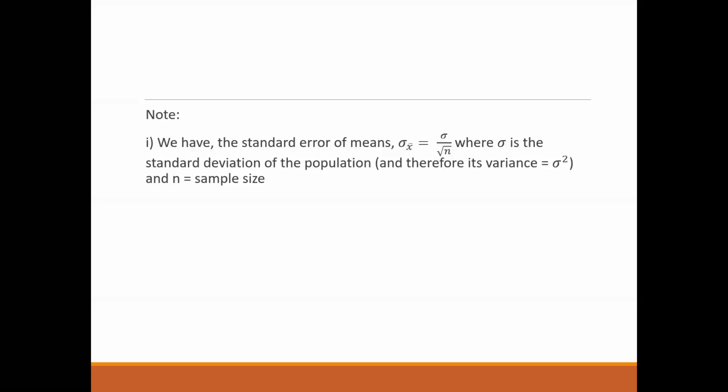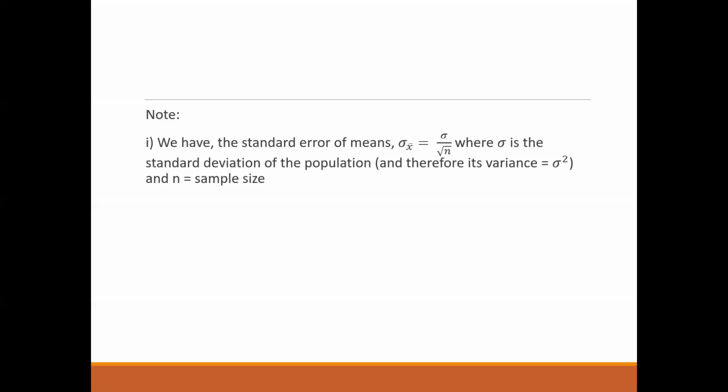Now, note down some points here. So if we say the standard error of mean is given, this is the formula to find the standard error of mean, where sigma is the standard deviation of the population, and therefore its variance will be sigma squared. Okay, n is your sample size.